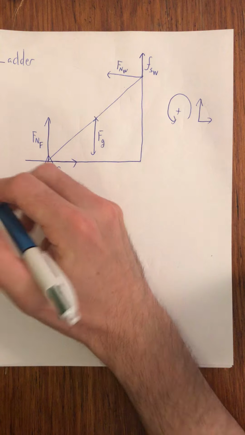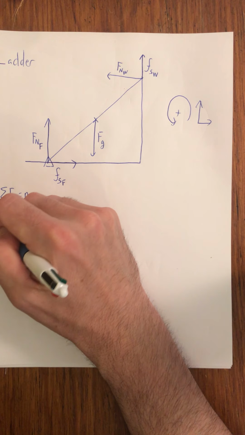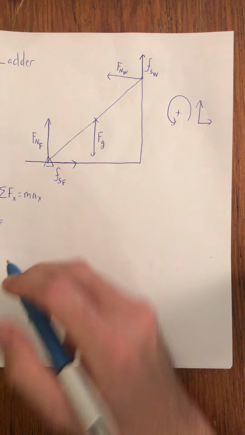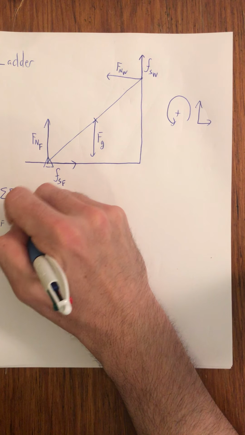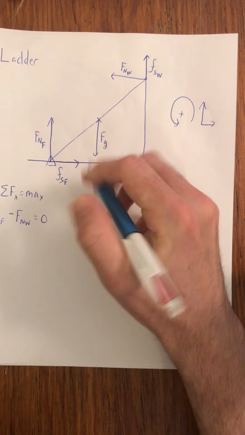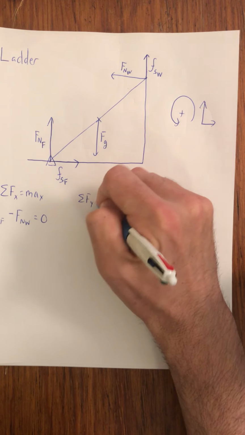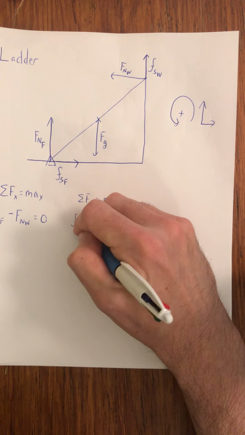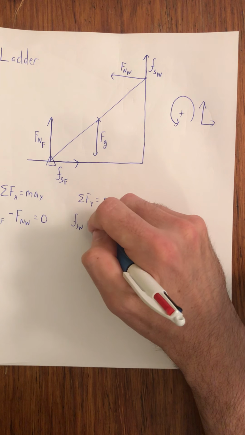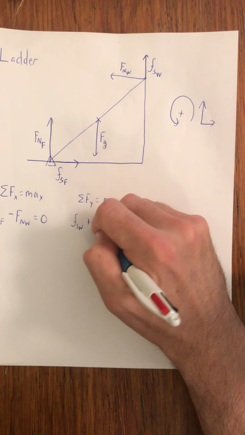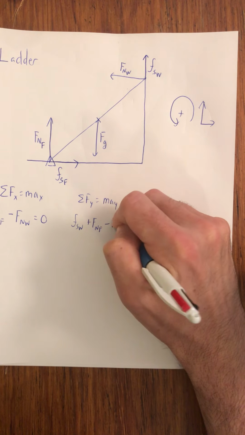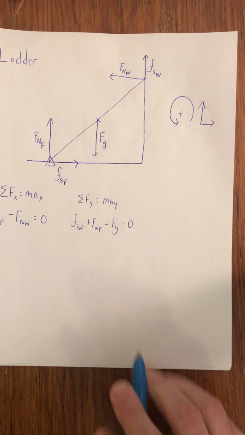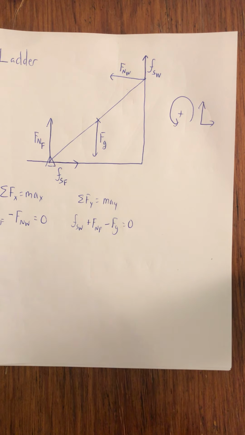All we have here is static friction from the floor, Fsf, minus Fnw from the wall is equal to 0. Sum of forces y is equal to may. Well, with friction, this would look like Fsw plus Fnf minus Fg is equal to 0. And then we'll talk about sum of torques in a second.